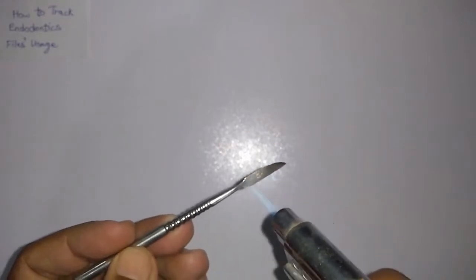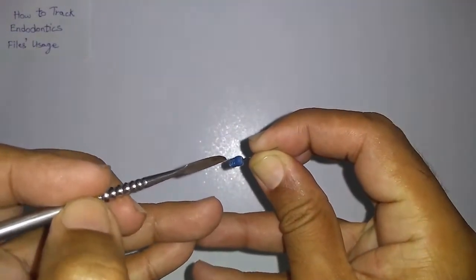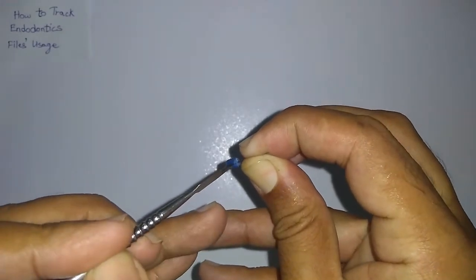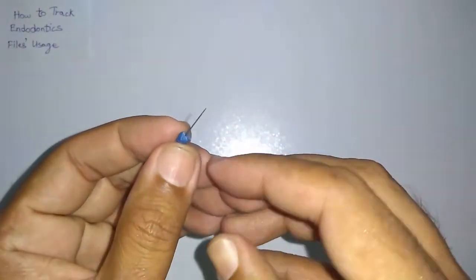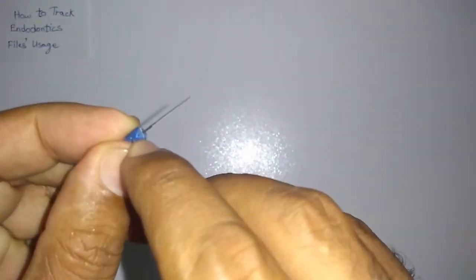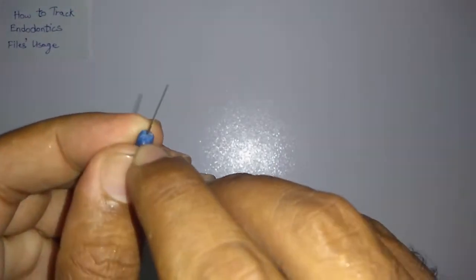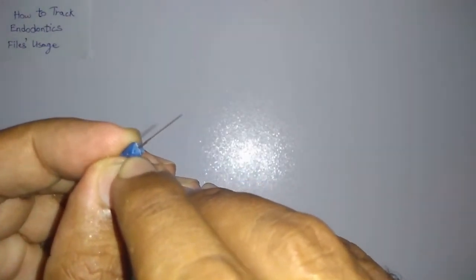I'll try to do it another time. As you can see, this file has now 2 holes, 1 and 2. Sorry, this one here. It's a small one, but this one is much clearer. So this is another way you can track your files.